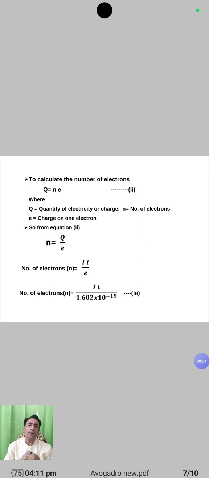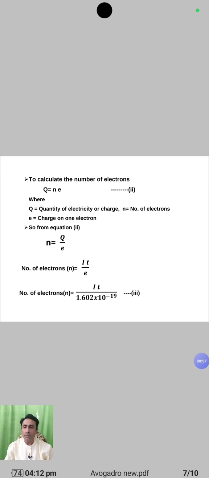Q is the quantity of electricity, and you can calculate it by knowing the current flowing for T seconds. So T is the time and I is the current. How much current is flowing for how many seconds? So that is IT.